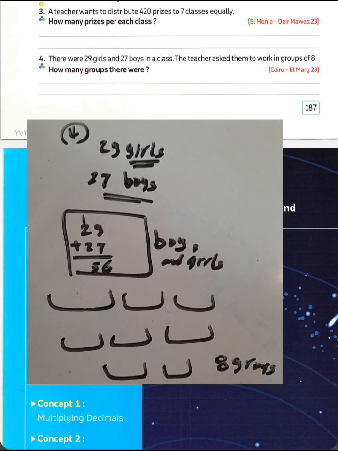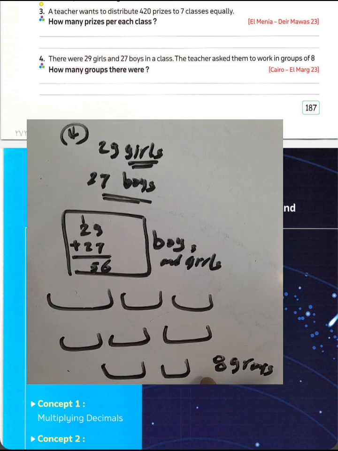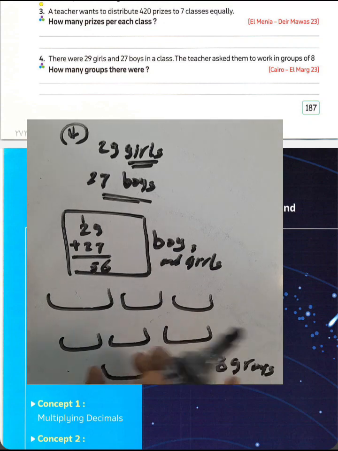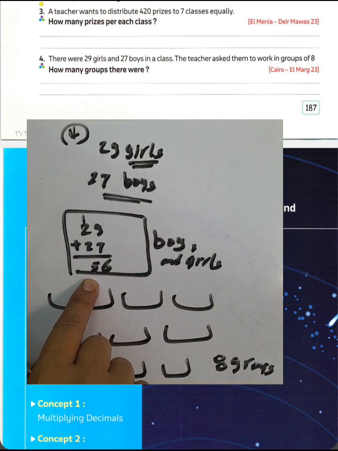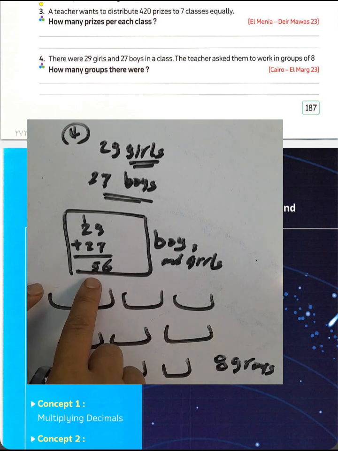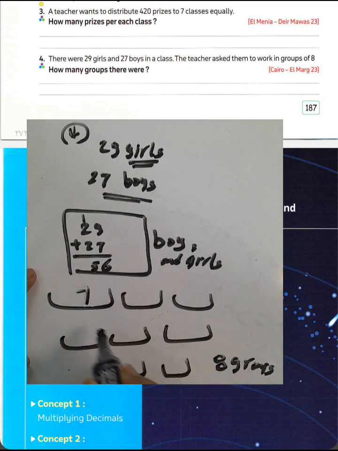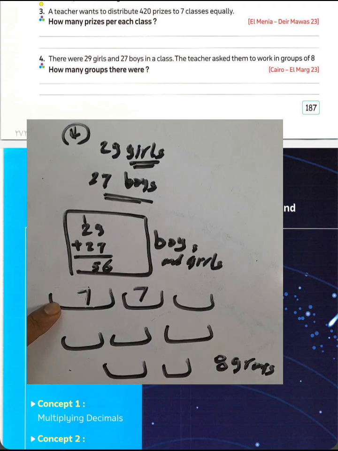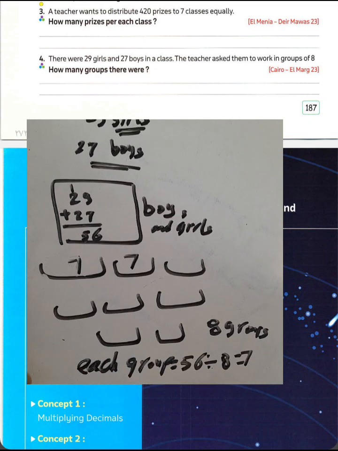We can find the number of students in each group by dividing 56 by 8. 56 divided by 8 equals 7. So each group equals 56 divided by 8 equals 7 students.